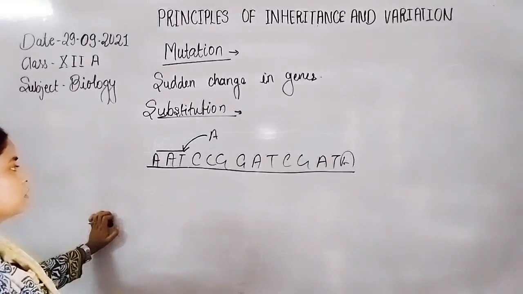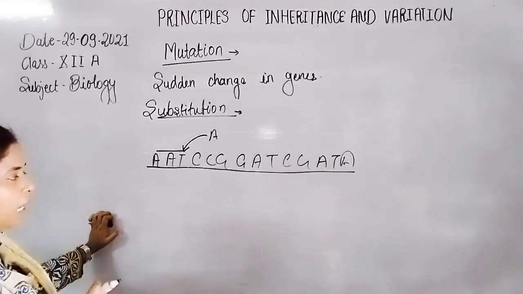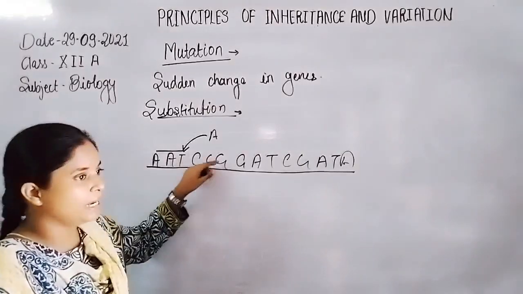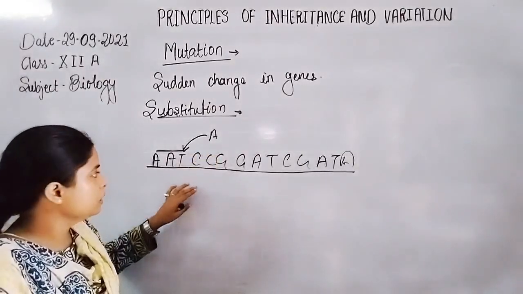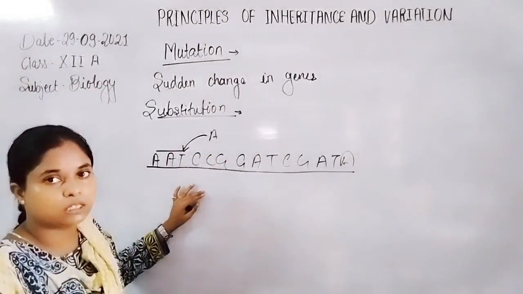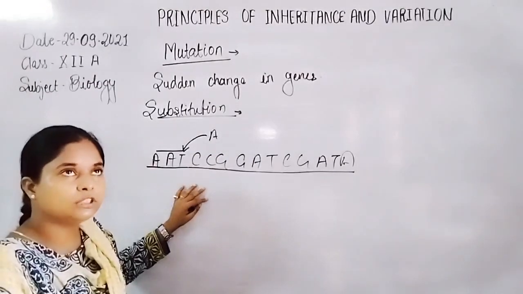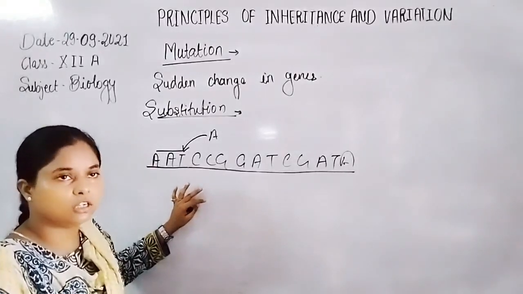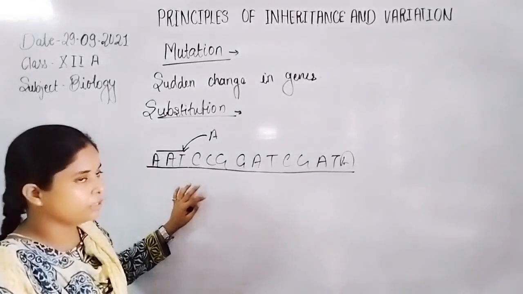But due to the replacement of thymine by adenosine, that will result in the formation of another type of amino acid. So that's why there is a change in the protein folding also, due to the change in a single amino acid.